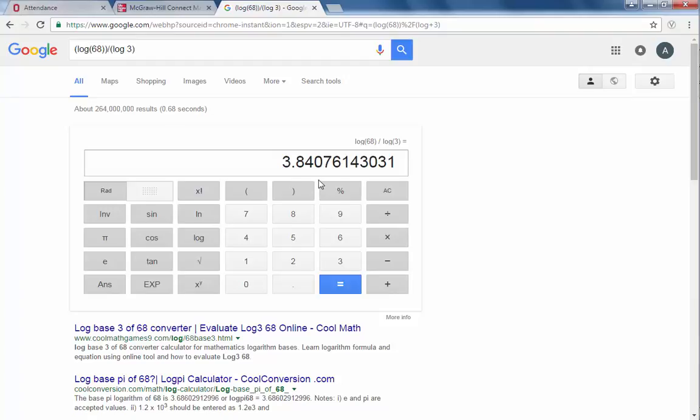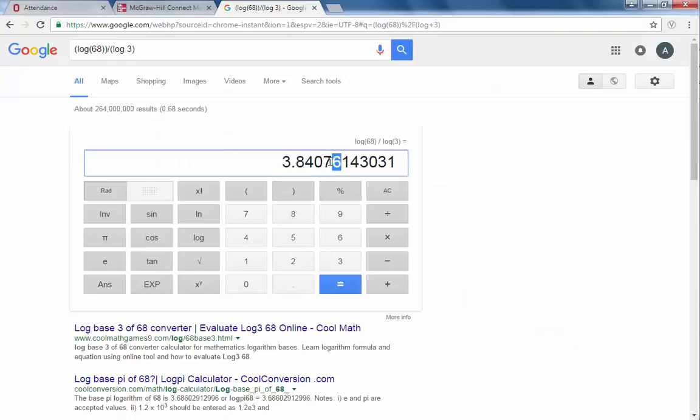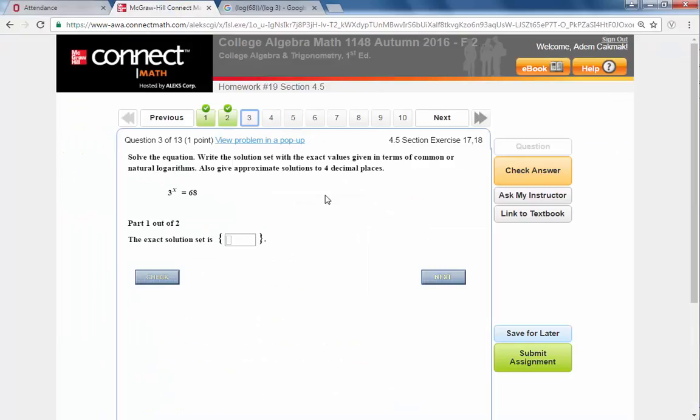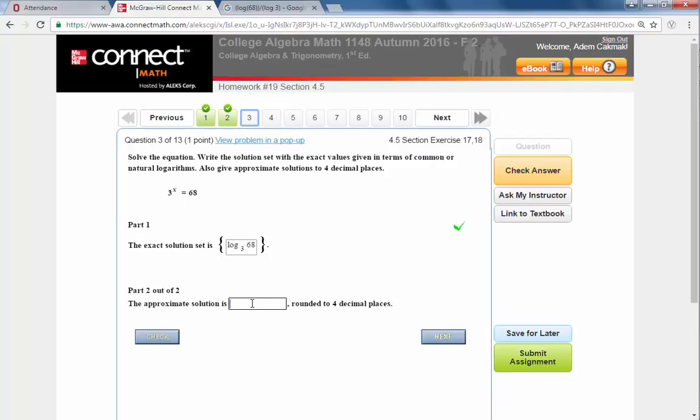Yeah, there you go. 3.8407. I don't know how many decimals it wants. 4 decimals. So I'm going to round this one up to 8. So remind me, the last one should be 8. Oh, this is log base 3 of 68, right? Check. And this one is 8.